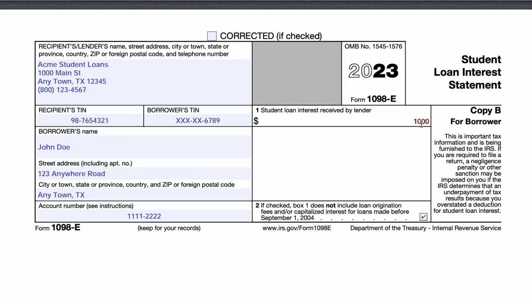For example, if this box is checked, then you would need to do a manual calculation to make sure you're taking full credit for all of those loan origination fees and or capitalized interest.